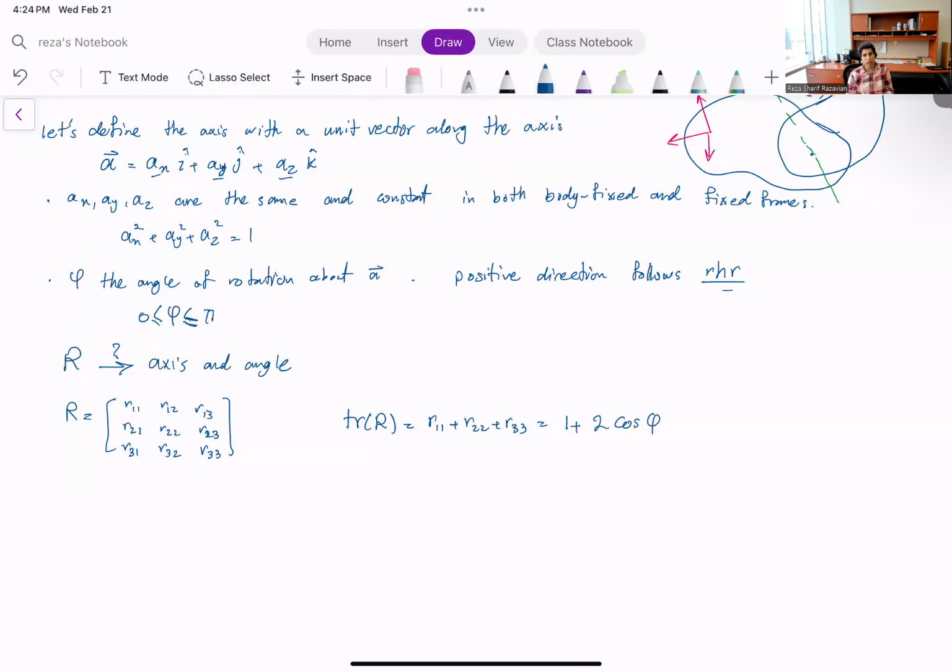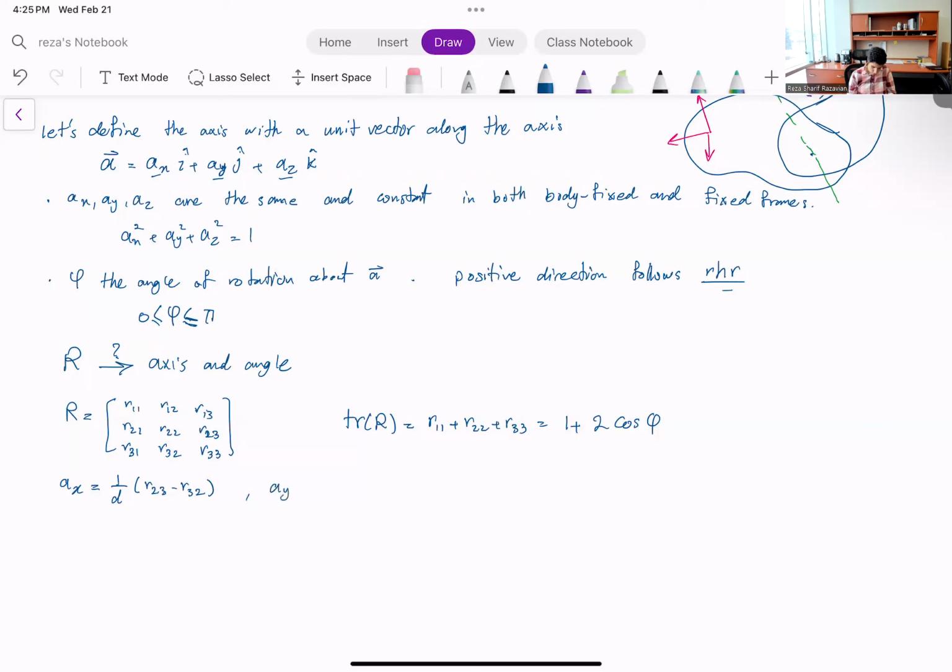So from here, you can calculate the angle of rotation. To find the axis, it's going to be a little long, but AX is going to be 1 over some value D that I will define soon, times R23 minus R32.